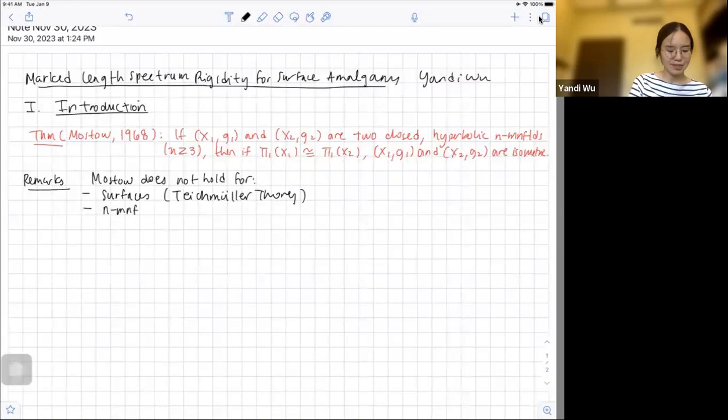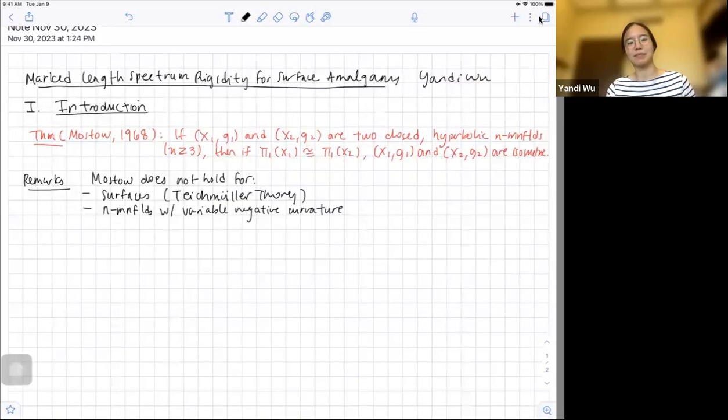So manifolds with variable negative curvature. Because, again, hyperbolic means that the curvature is constant, the metric has constant -1 curvature. Once you allow for variable sectional curvature, then you no longer have a version of Mostow rigidity.